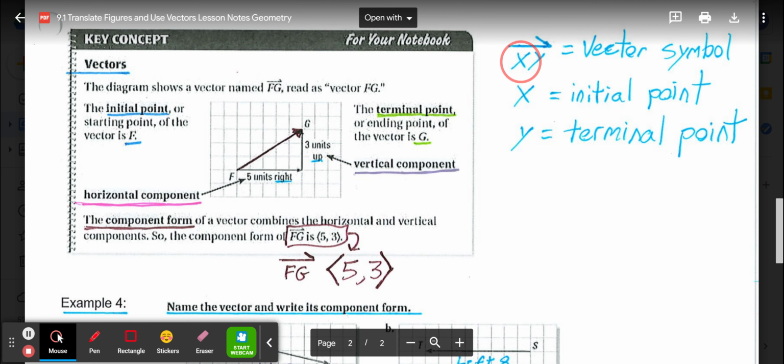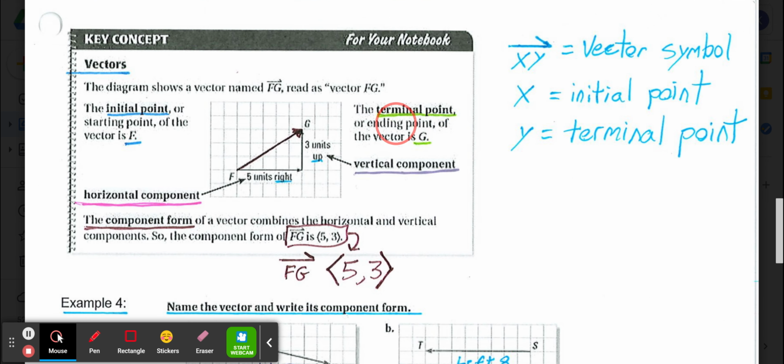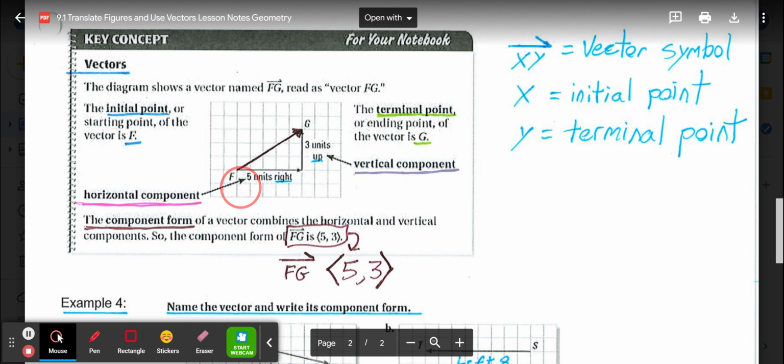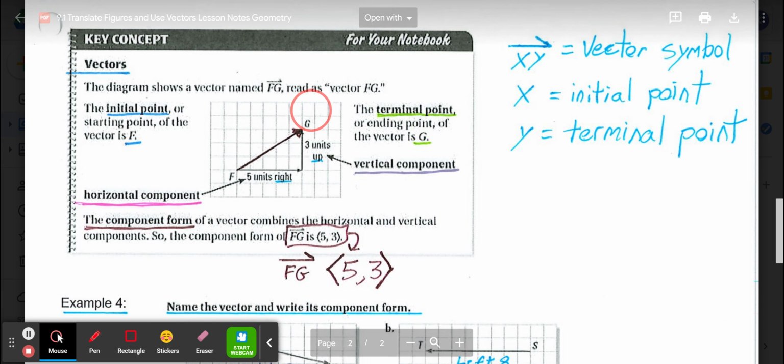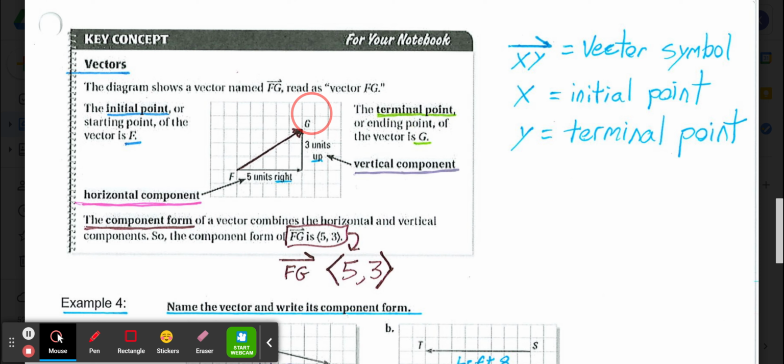So this would read as vector XY. The initial point is that starting point of the vector, not the one by the arrow. It's our starting point. The terminal point is the ending point of the vector. So in this case, initial point would be F. Terminal point is G, the one by the arrow.